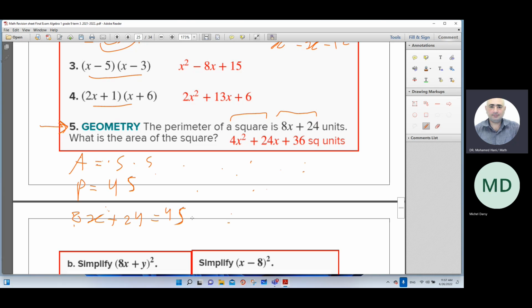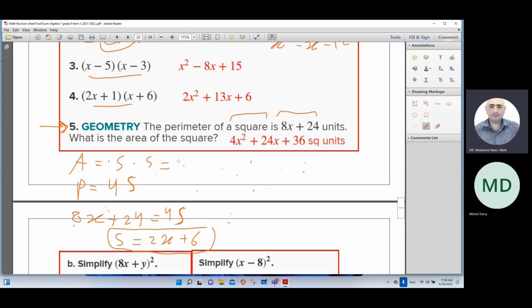We want to find the value of the side, so we can divide all sides by 4. So 4s divided by 4 will be s, and 8x divided by 4 will be 2x, and 24 divided by 4 will be 6. So this is the value of the side.